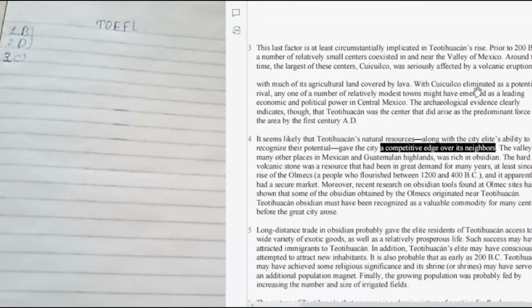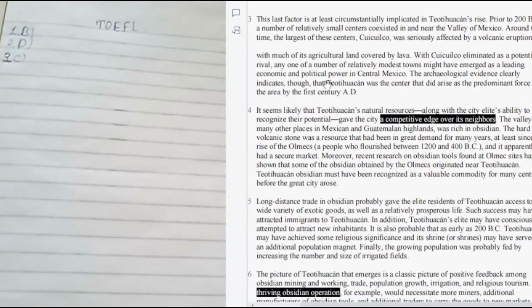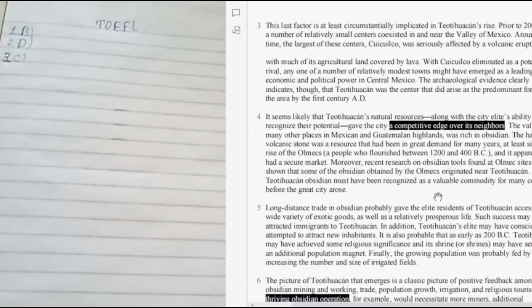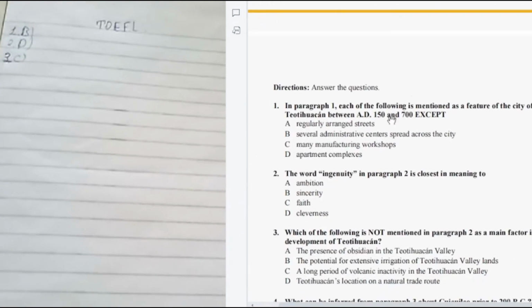With Cuicuilco eliminated as a potential rival, any of a number of relatively modest towns might have emerged as a leading economic and political power in central Mexico. The archaeological evidence clearly indicates, though, that Teotihuacan was the center that did rise as the predominant force in the area by the 1st century AD.